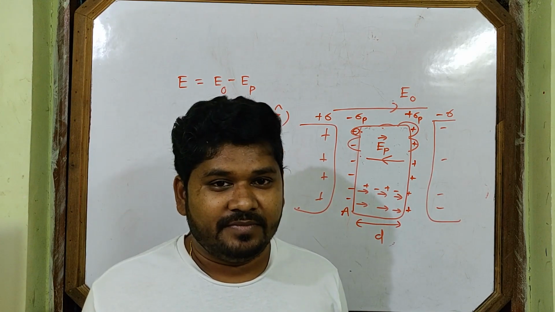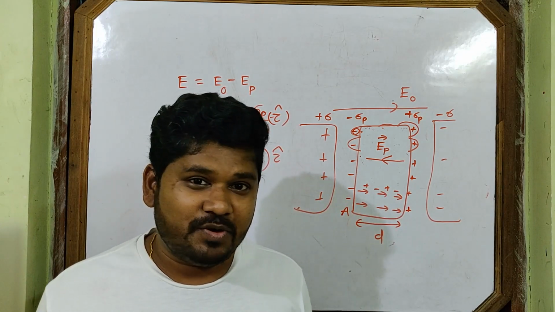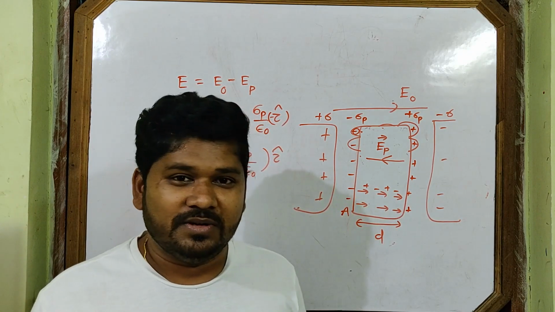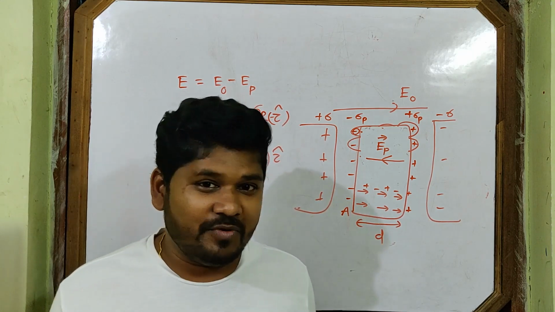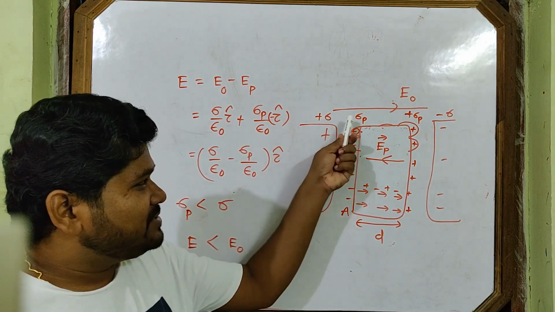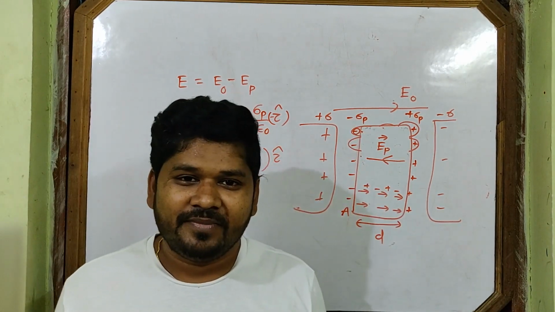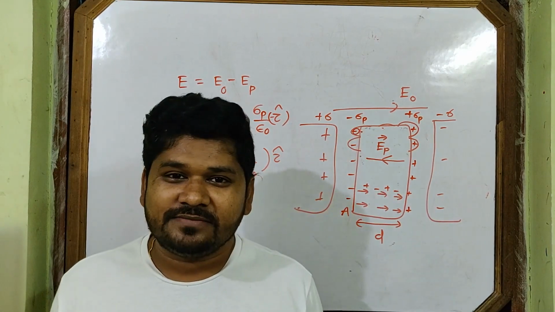But if it is a conductor, what happens? Another important thing will also be clear now. I have told you I will explain that at the end of the chapter. I am going to that point now. If it is a conductor, what happens? Sigma is equal to sigma P. If it is a conductor, inducing charge is equal to induced charge.